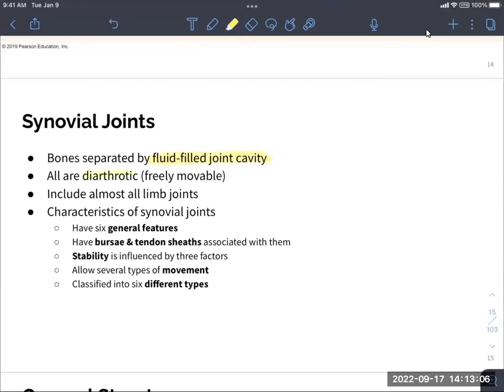They are diarthrotic or freely movable. As I just said, it's the most abundant joint in the body, so it's pretty much all your limb joints, fingers, toes. So they have a bursa and a tendon sheath associated with them.